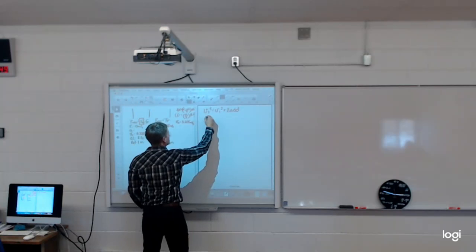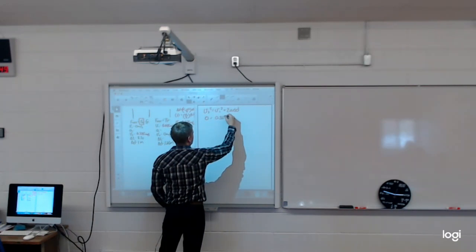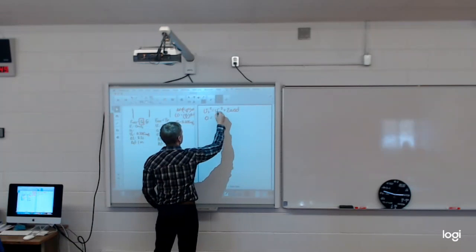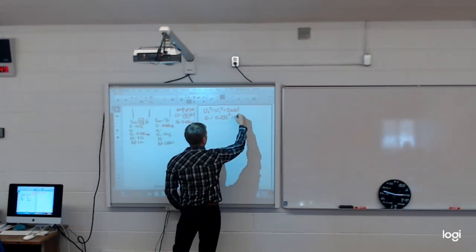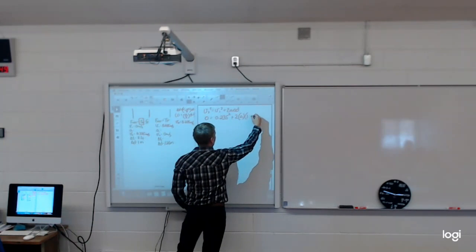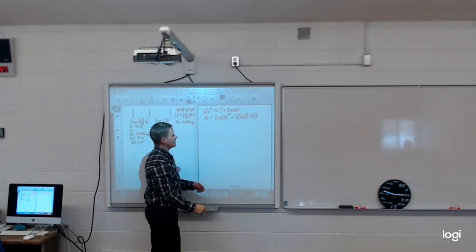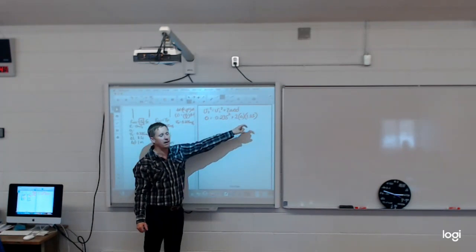And my V2 is 0. My V1 is 0.235 squared, plus 2 times my A times my distance of 1.25. So you're going to square that and divide by 2.5.